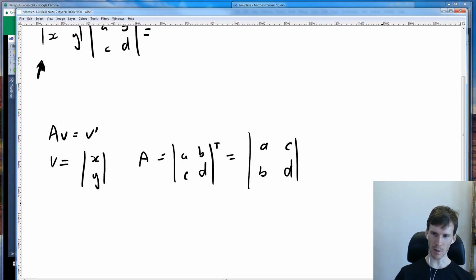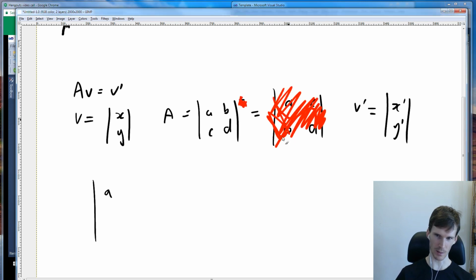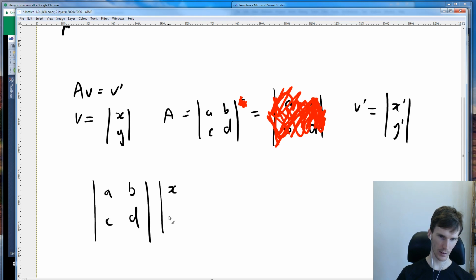So it's basically different ways of writing it, and then you've got V dash will be X dash Y dash, which means that your matrix thingy will be A, and now I'm going to switch notation, so just ignore all of that now, because now these A, B, C, and D are different to the above. So okay. A, B, C, D times X, Y equals X dash Y dash.